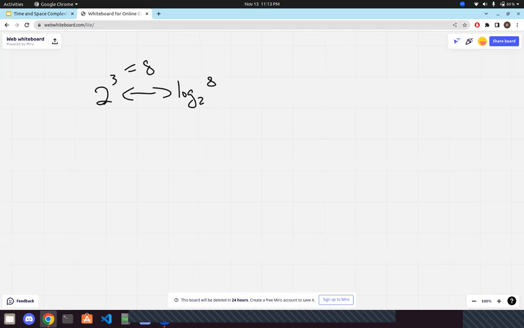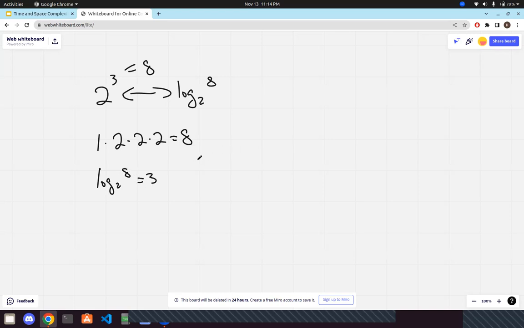And so one way to think about this is in terms of exponents. You have 1 times 2 times 2 times 2 equals 8. Now if you think about log base 2 of 8, which equals 3, you can think of it as how many times 8 needs to be divided by 2 in order to reach 1.